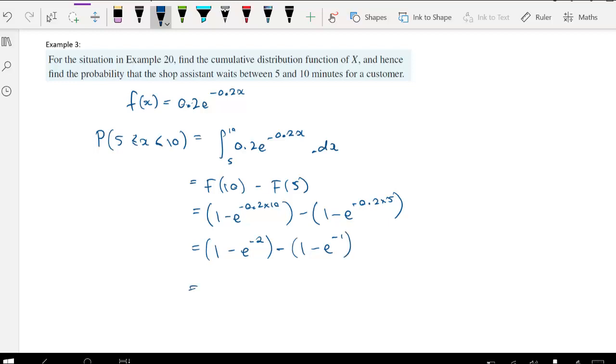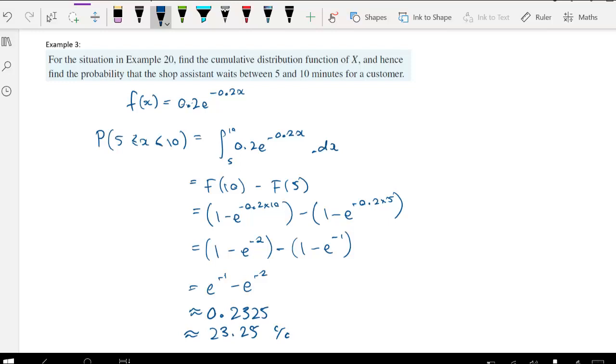And so 1 subtract 1, we have e to the negative 1 subtract e to the negative 2, and that will approximately be equal to 0.2325, or 23.25% chance. So the probability that the shop assistant waits between 5 and 10 minutes is 23.25%.